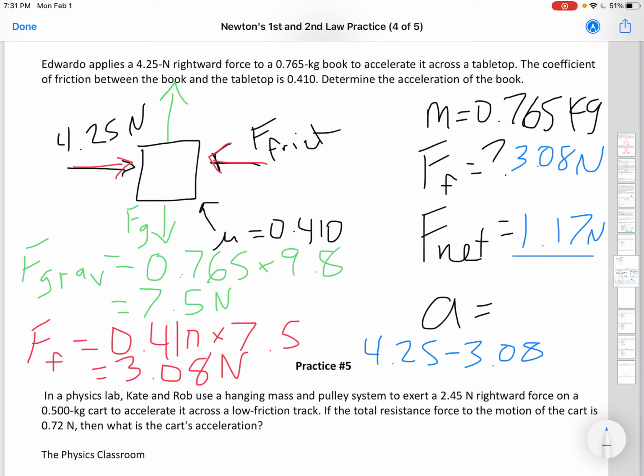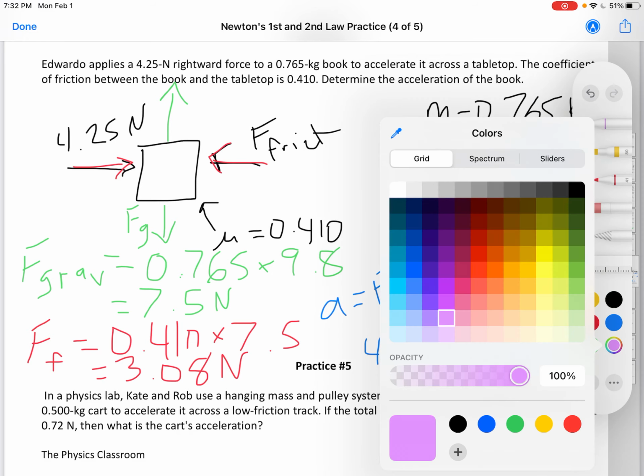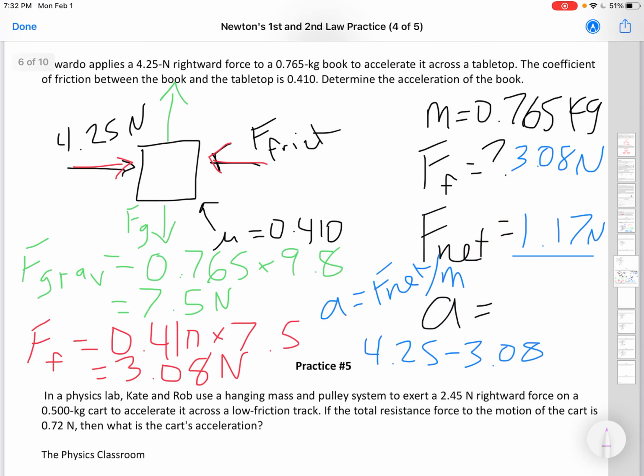So let's see. Acceleration is force net divided by mass. So 1.17 divided by 0.765.